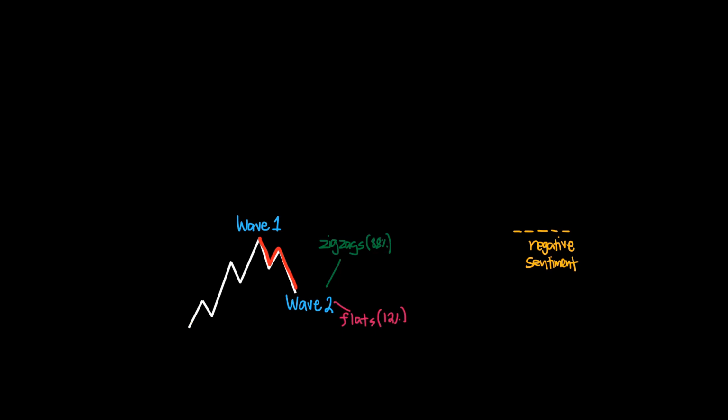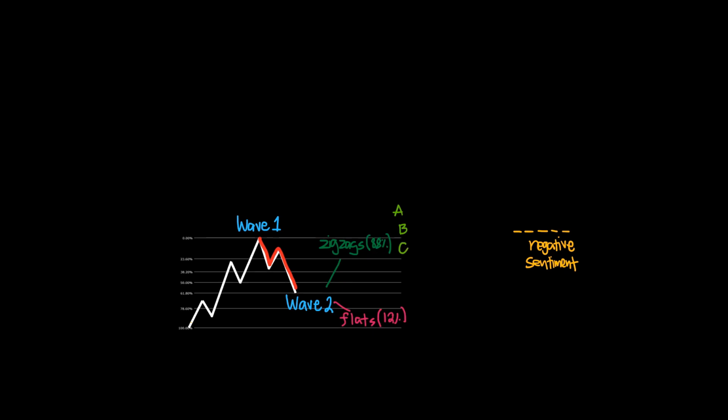A zigzag is a 3-wave corrective structure that we can label as ABC that typically retraces from the 50% to the 61.8% Fibonacci support.